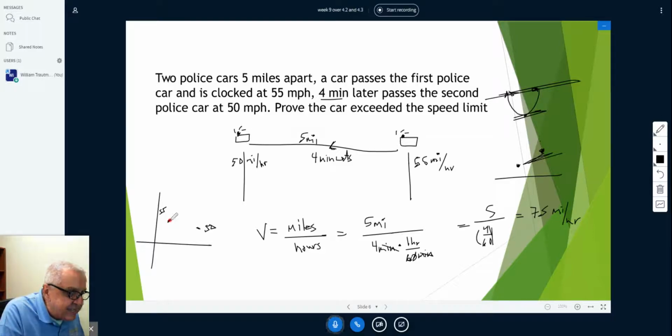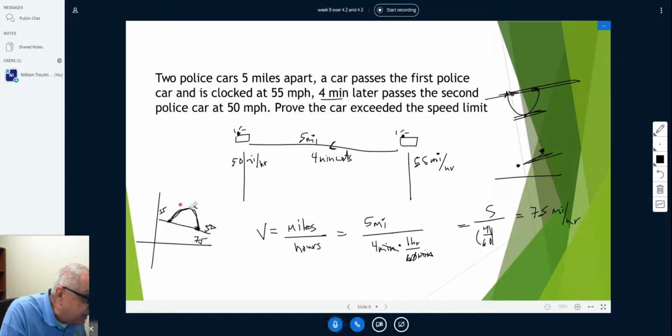And it says my average speed is 75 miles per hour. So somewhere between these 2 points, I have to have a spot that's 75 miles per hour. In other words, the only way to get to 75 starting at 55 is by increasing my speed, not decreasing it. And then at some point I decreased it when I got down to 50. And so we know this average is 75.